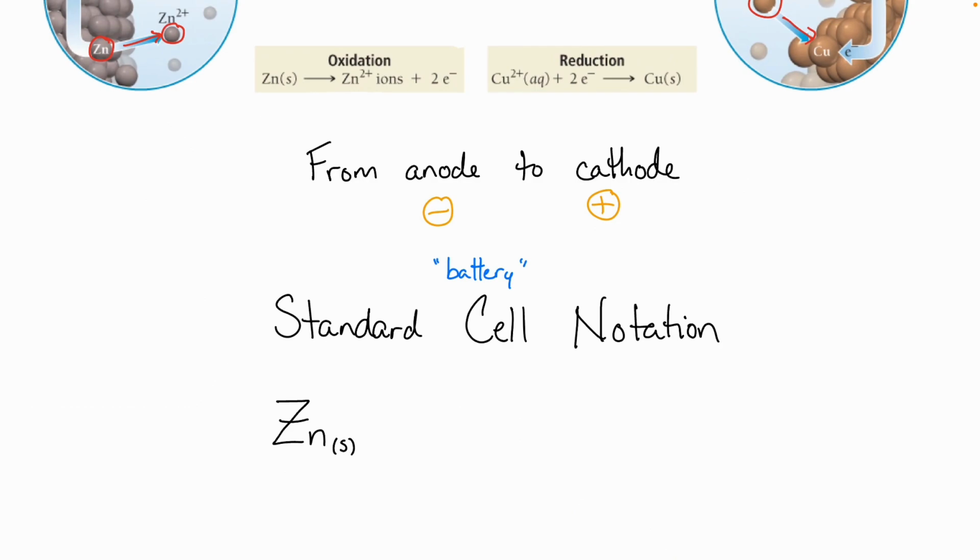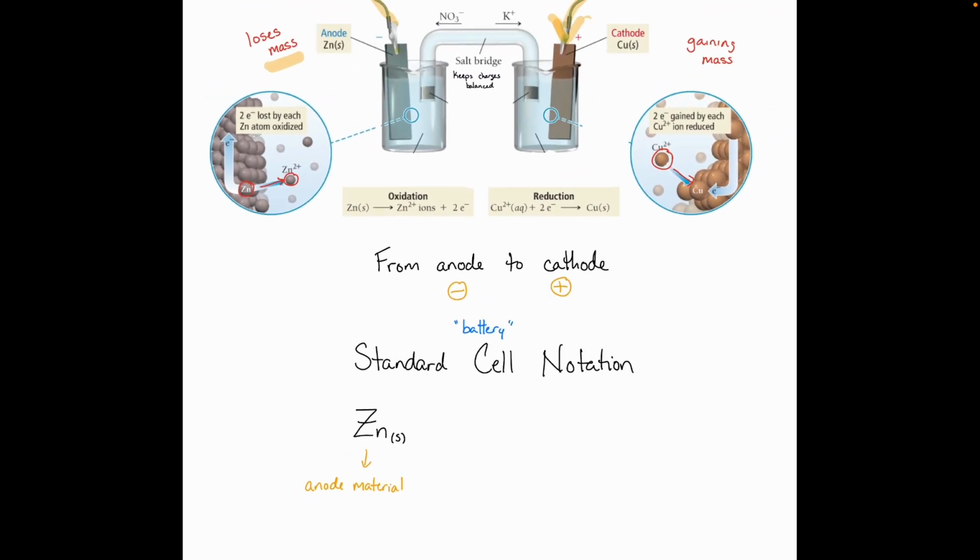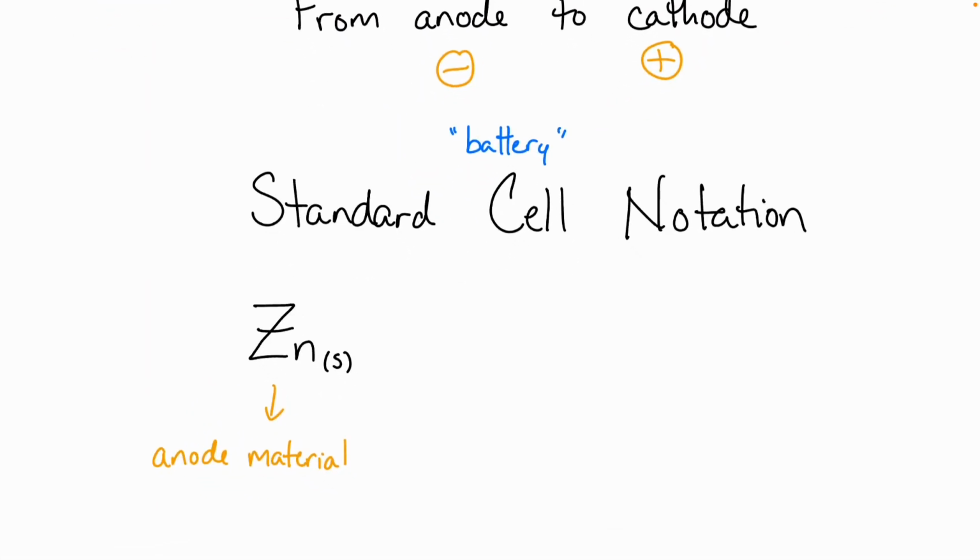Solid zinc. Okay? Because we're going to start our standard cell notation with our anode material. Our anode is made out of solid zinc. And then you draw a little bar. In your next position, you put your anode solution.